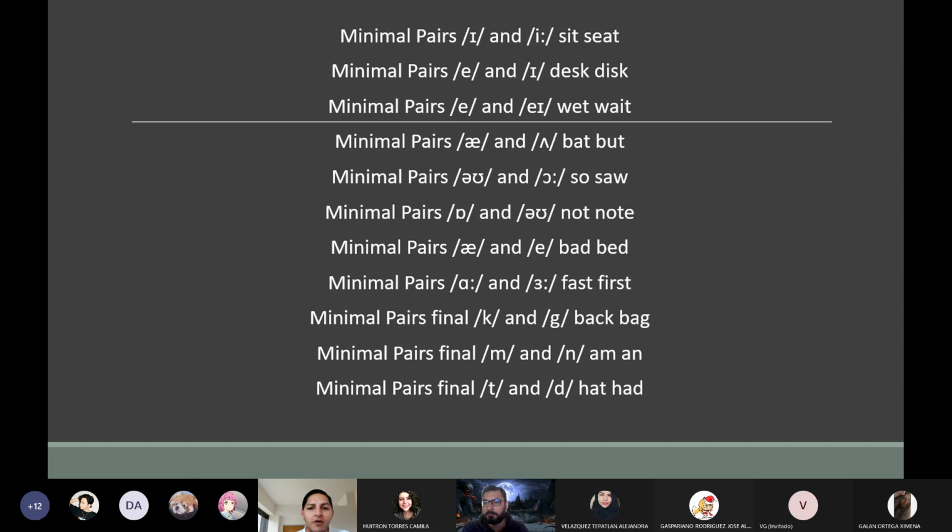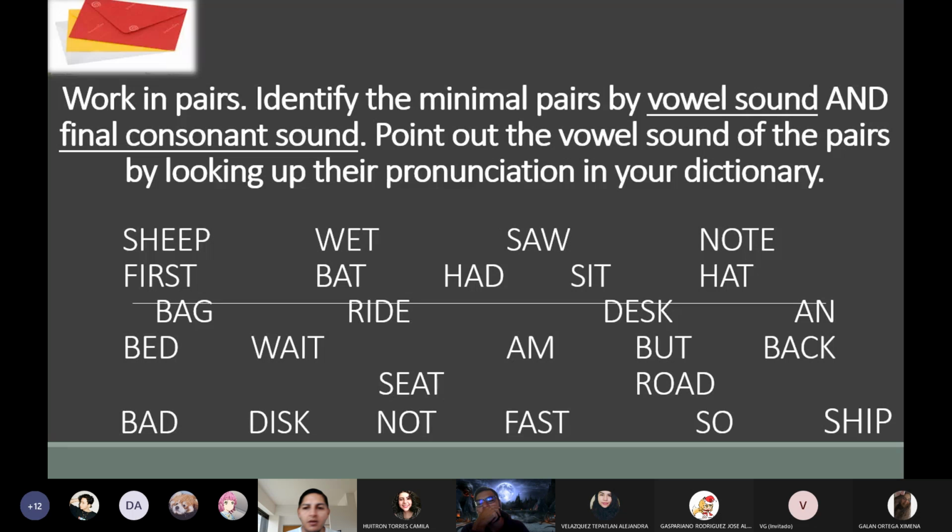How many do we have? 1, 2, 3, 5, 6, 7, 8, 9, 10, 11. Well, we're missing road, I think. Yeah, let me check. Road. Yeah, we're missing road. And what is the minimal pair? Right and road.